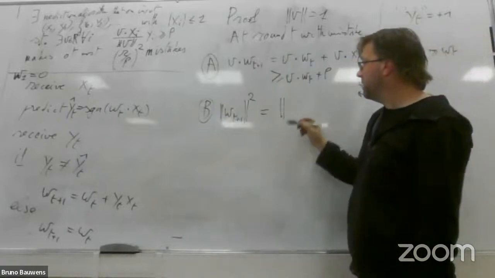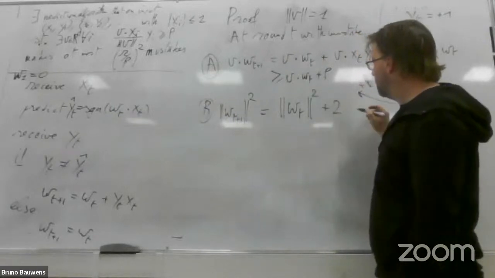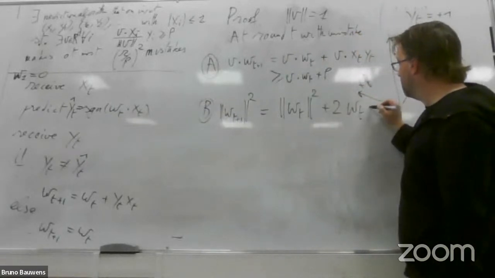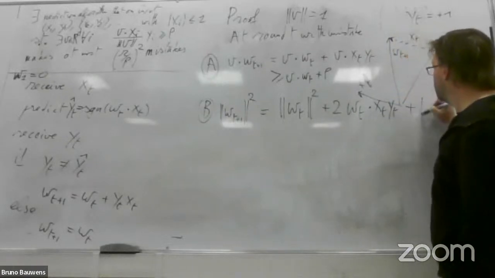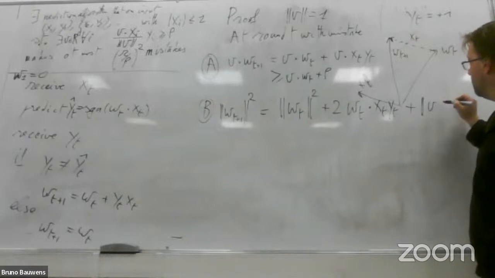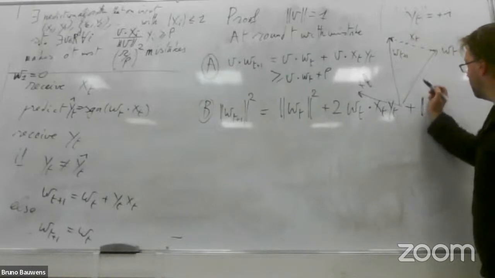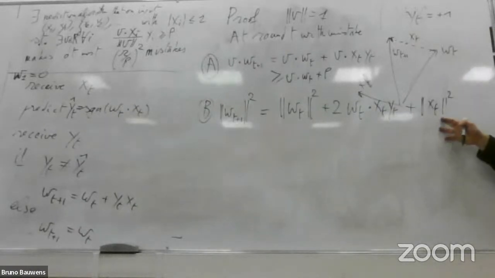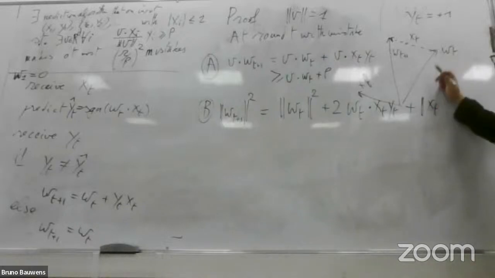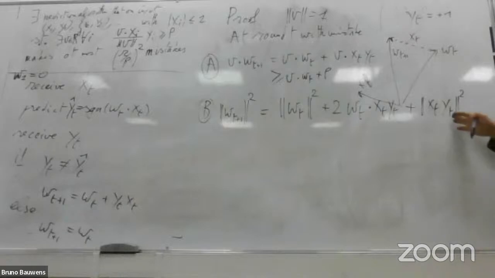Then we expand the product: two times the dot product Wt times xt yt, plus the squared norm of xt. I can drop yt, right? That's right, it doesn't matter. Is this equality clear?